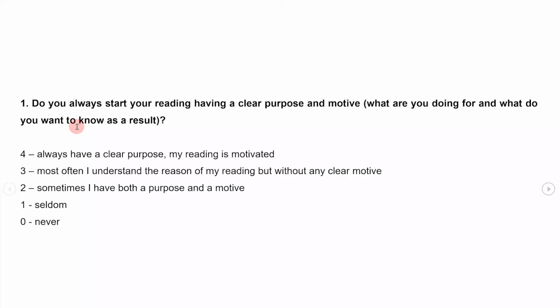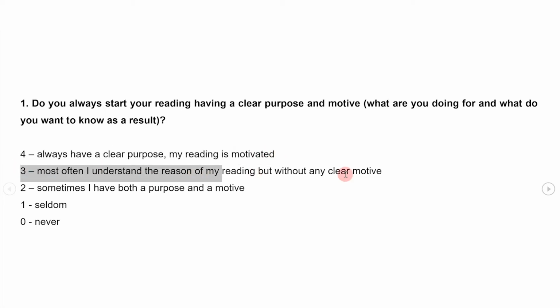Let's answer some questions at the end of our first lesson. Please write your answers. Write your total volume of points for checking your reading skills level. So, the first question. Do you always start your reading having a clear purpose and motive? What are you reading for and what do you want to know as a result? Put 4 points if you always have a clear purpose, your reading is motivated.